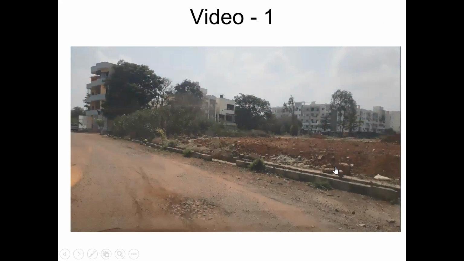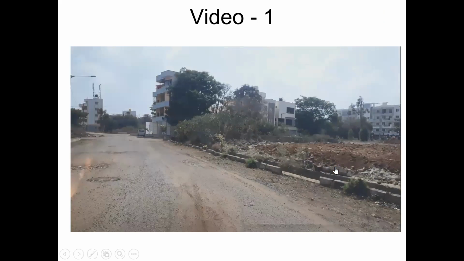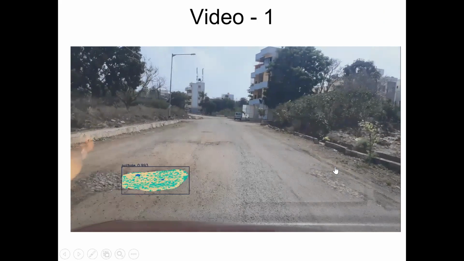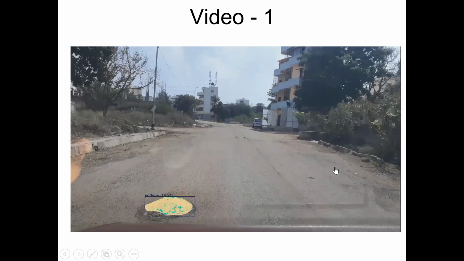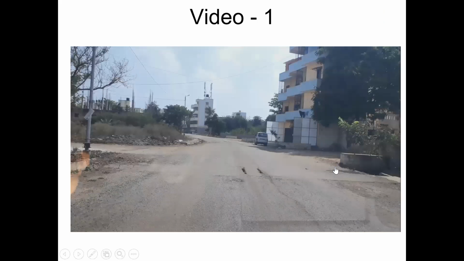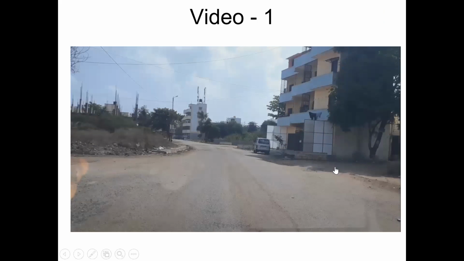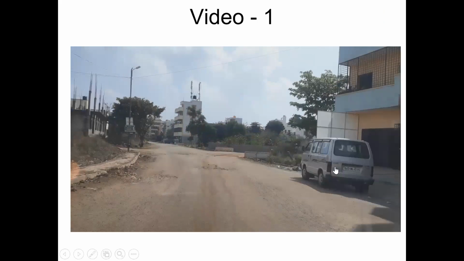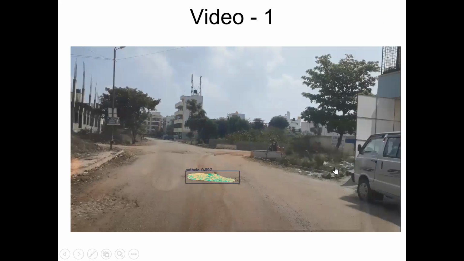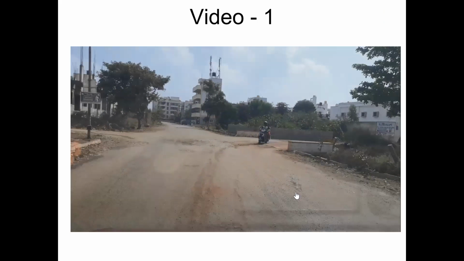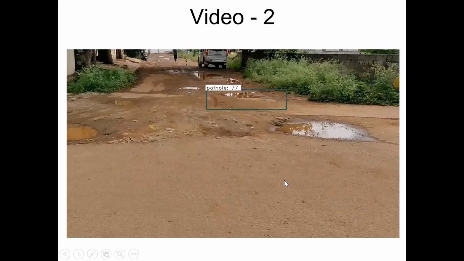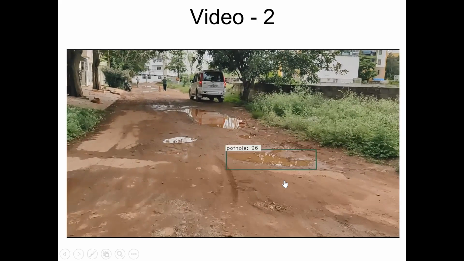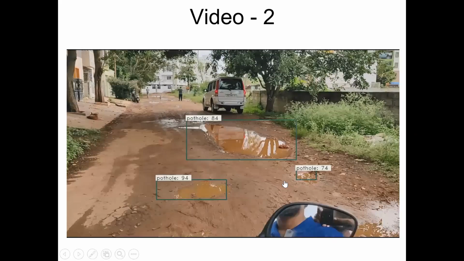At some places, yes, we found that garbage or waste in the areas outside the road was also classified as pothole, maybe because we were not able to clearly separate the garbage alongside the road from the potholes. There is another video here where we try to discriminate the potholes essentially filled with water from those filled with mud.